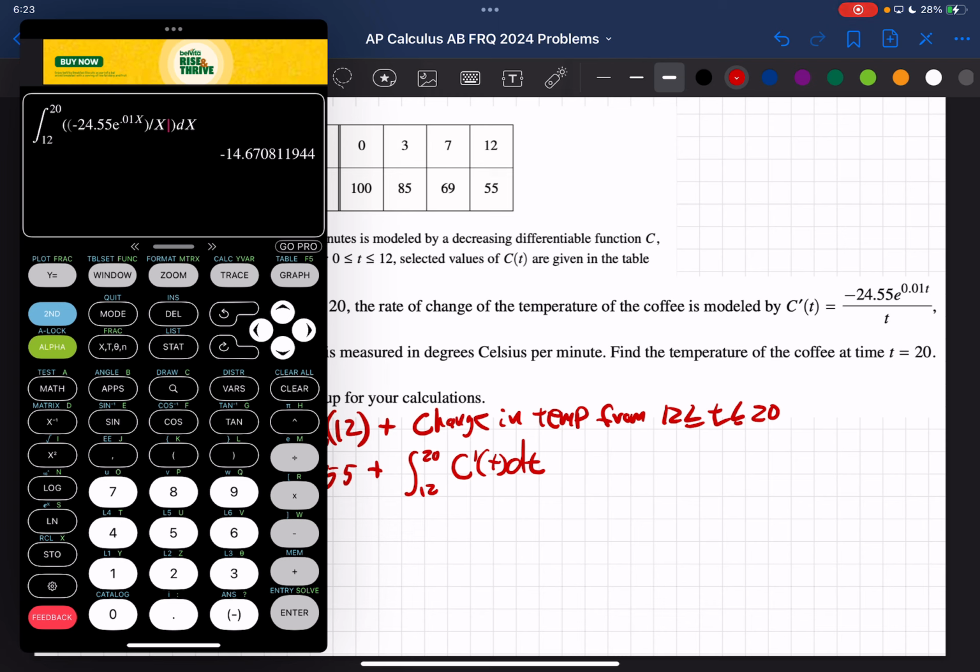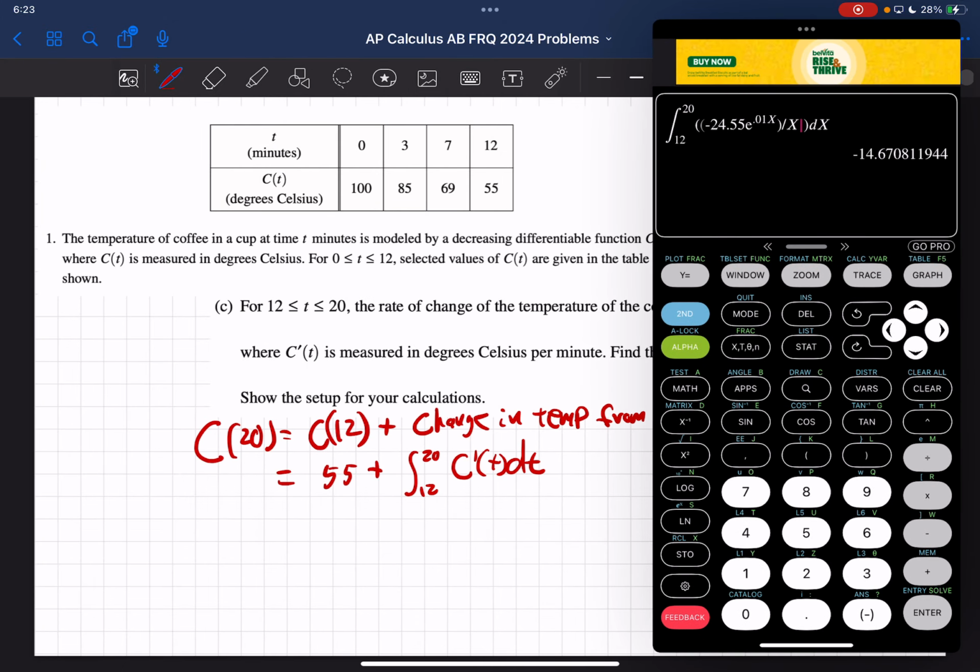And so now we get our value of negative 14.6708. And so altogether, we get 40.329 degrees Celsius at t equals 20.